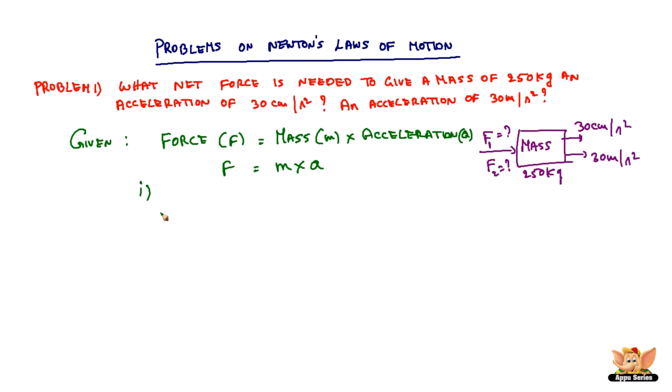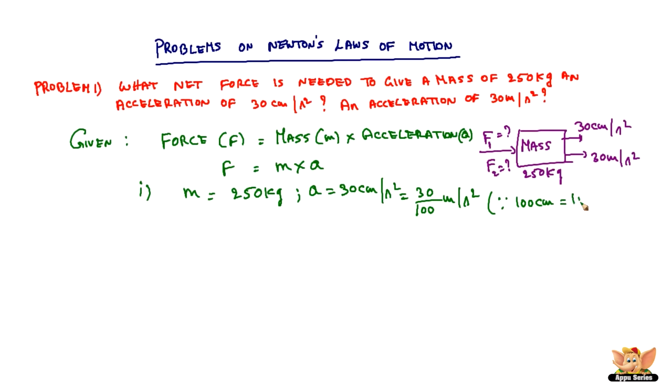Take the first part of the question wherein m is given as 250 kg and a is given as 30 centimeter per second square. We need to convert this into meter because in this equation acceleration is in meter per second square. So 30 by 100 meter per second square, since 100 centimeter is 1 meter.